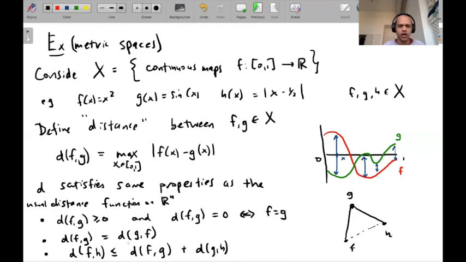And this inequality follows from the triangle inequality for real numbers.